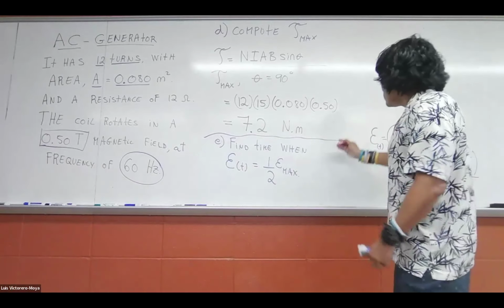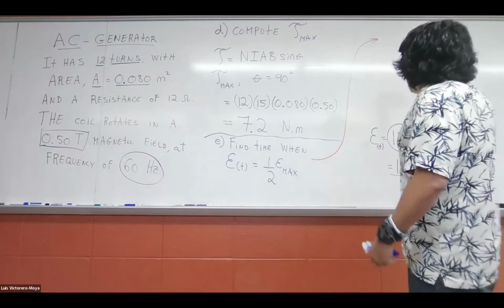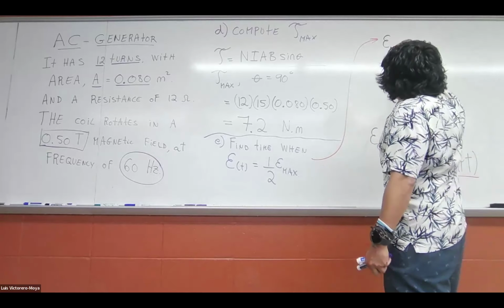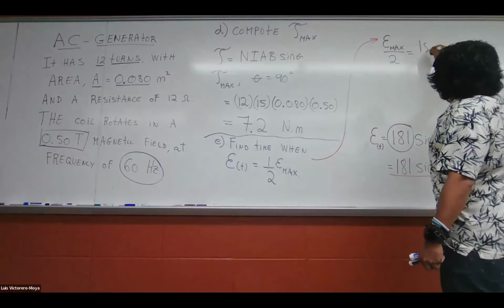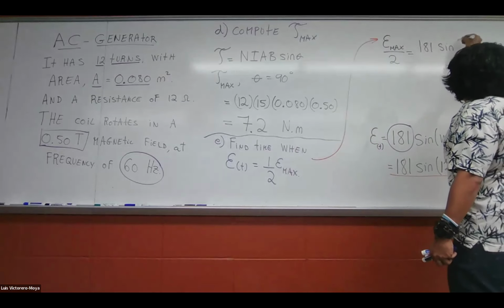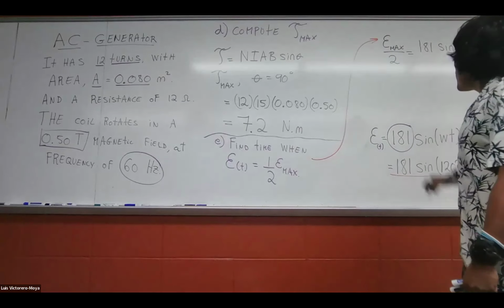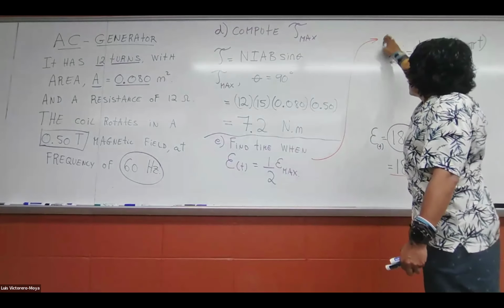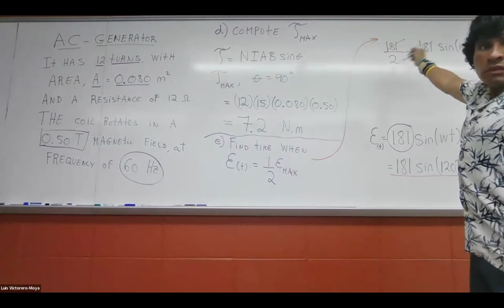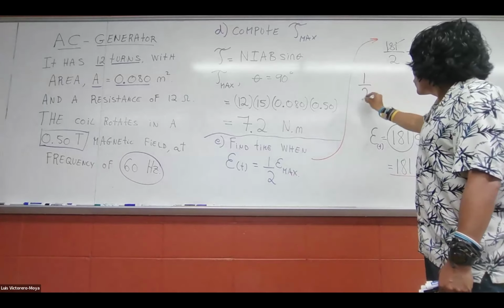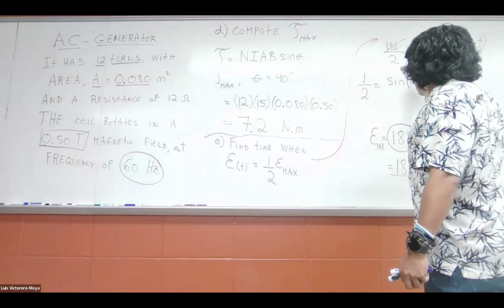So you're going to do E max divided by 2 equals this. Now, E max is 181, so that cancels. And you get that 1/2 equals sine of 120.